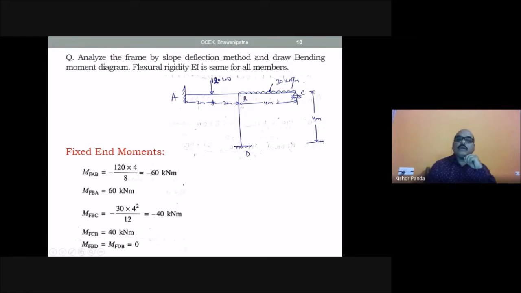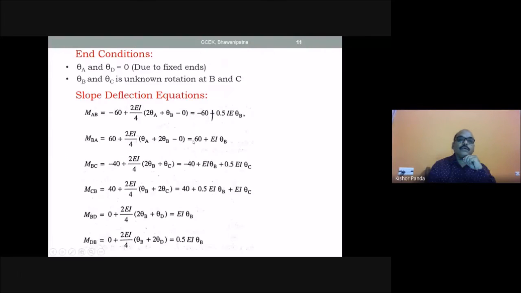This is one equation, and the other equation is MCB is equal to 0. Using these two equations, you can find out the rotations theta B and theta C at joints B and C. Theta D is 0 due to fixed support, and theta B and theta C are unknown.